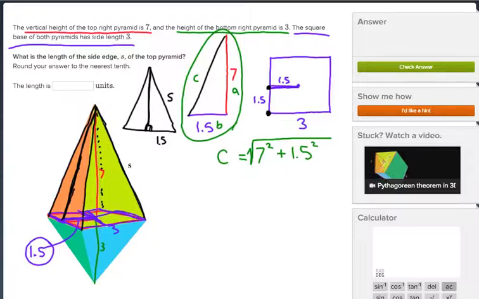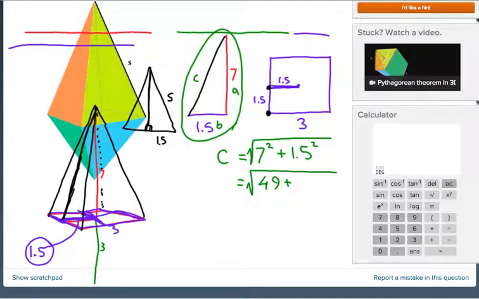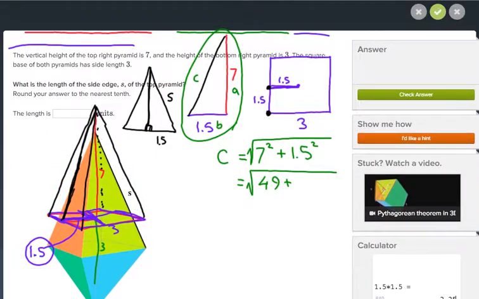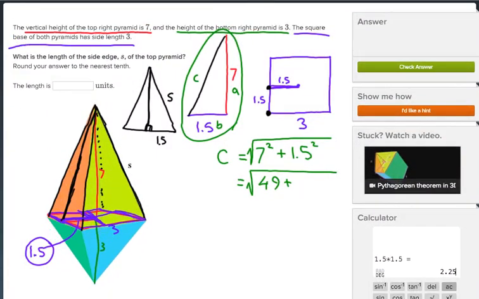Okay, so c is equal to the square root of 49 plus, and let's use our calculator real quick. 1.5 times 1.5, that's 2.25, which should make a lot of sense to you because 15 times 15 is 225.